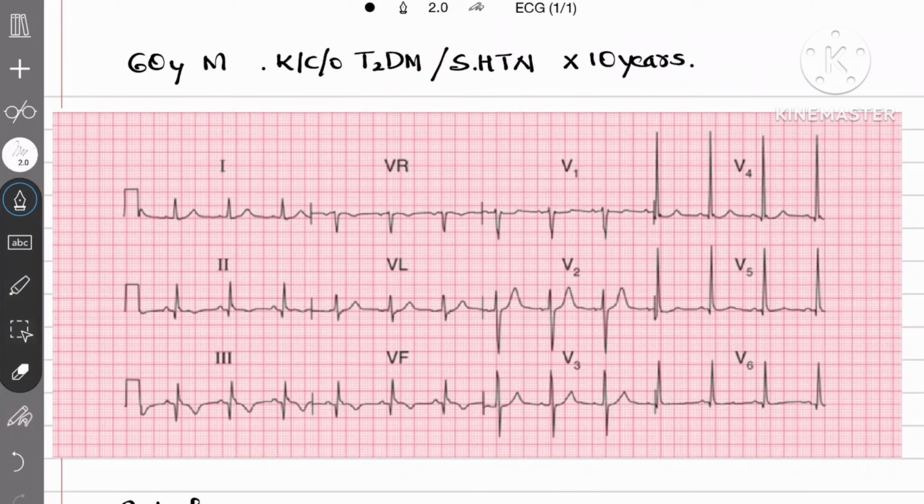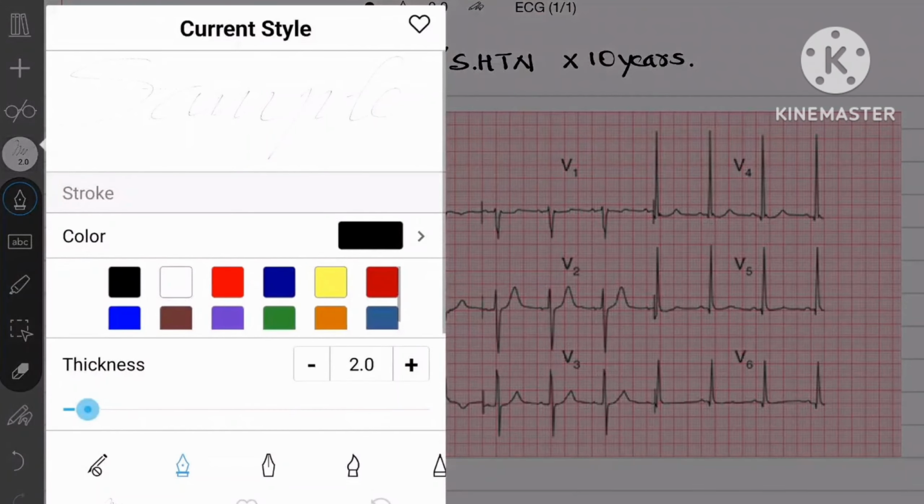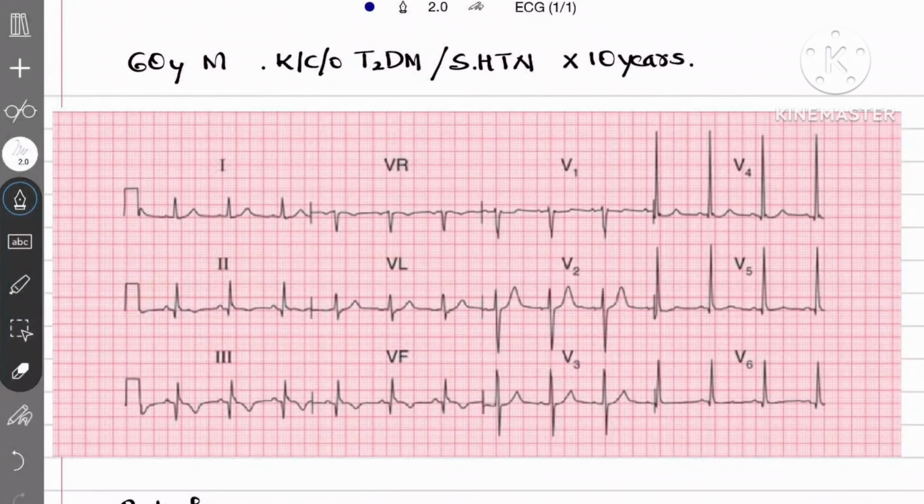If it is an irregular interval, we cannot comment, and lead 2 should be there as a long rhythm strip to comment on irregular ECG rates. Here we can clearly see that the intervals are quite regular.